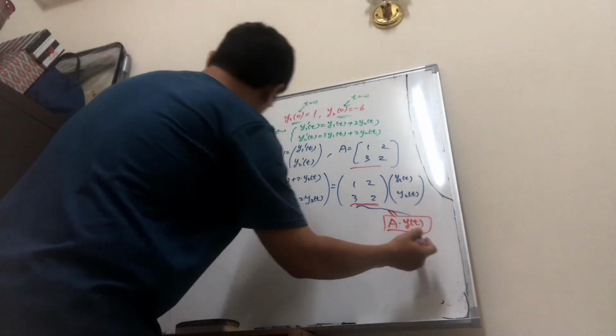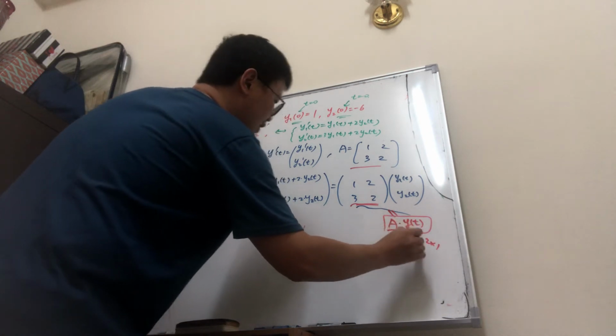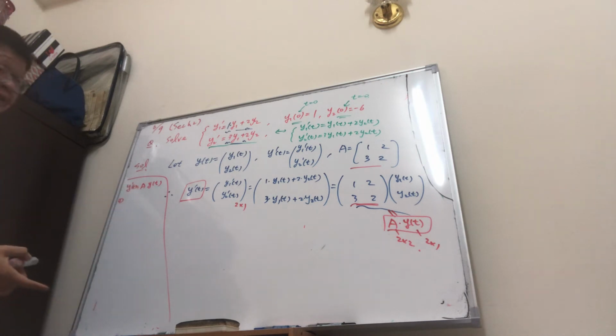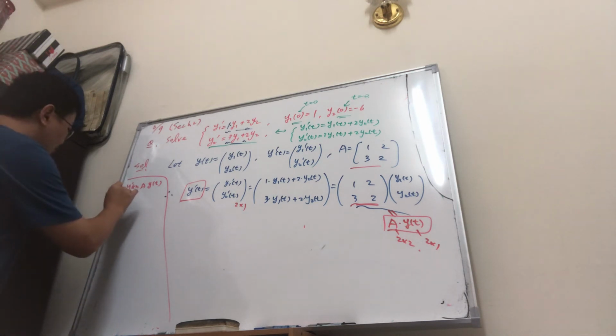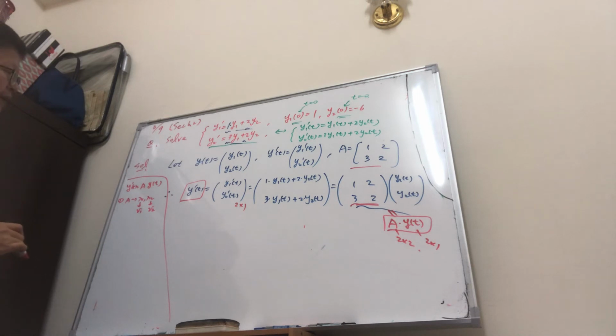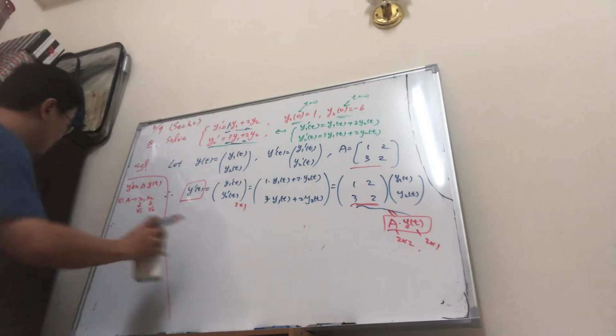But here, it's 2 by 1 and 2 by 2, so what can we say? First, we consider the eigenvalues of the matrix A. If its eigenvalues are lambda 1, lambda 2, with corresponding eigenvectors v1, v2, then what can we say about its general solution?